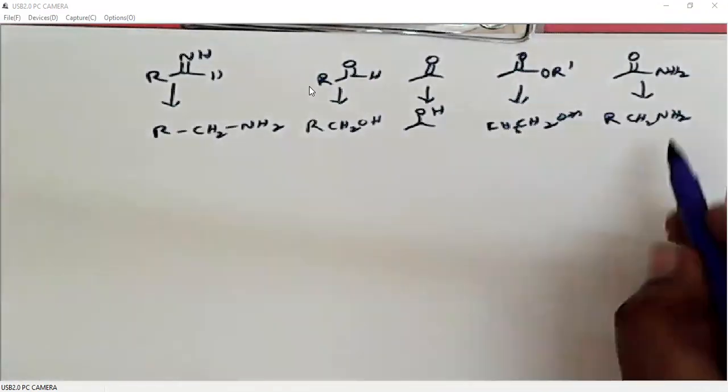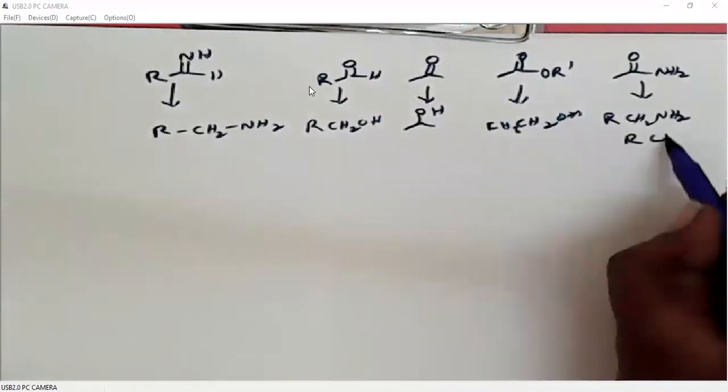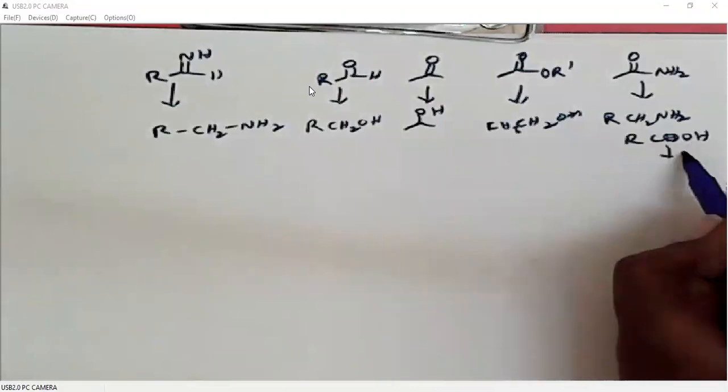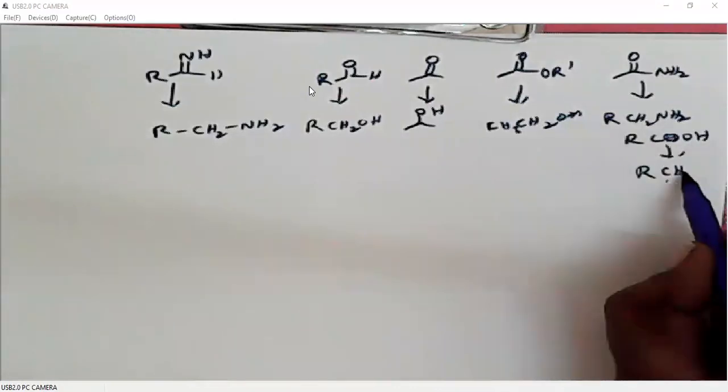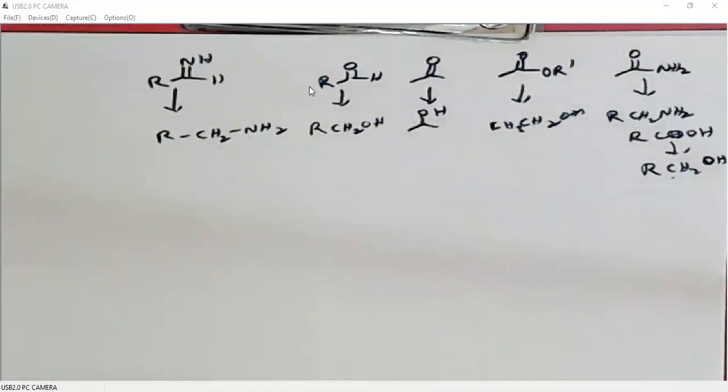I think it is not fitting here, so I'll write here. Carboxylic acids can be reduced to alcohols. Okay. So how do we perform reduction of these functional groups using our reducing agents?